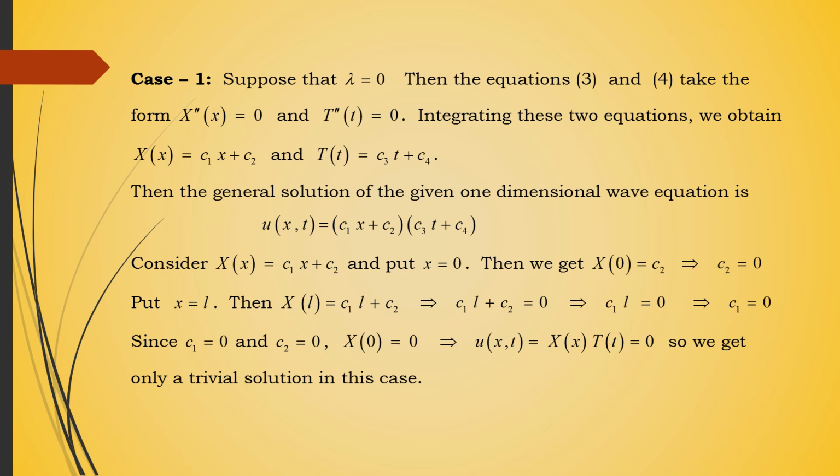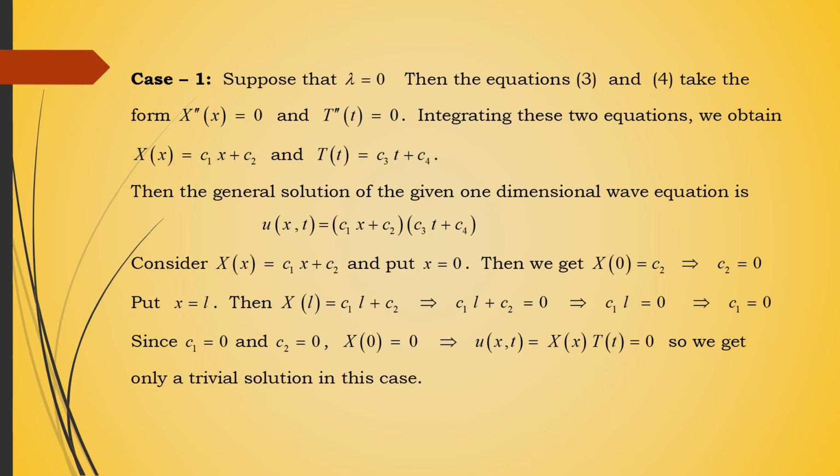First consider the equation X(x) = c1x + c2. Put x = 0. Then we get X(0) = c1 times 0 + c2, which implies X(0) = c2.